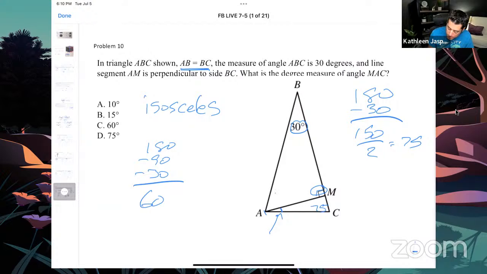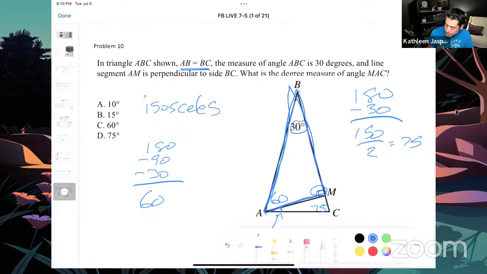So this angle right here is 60 degrees. So 30, 60, 90, this is all one triangle. Every triangle in here has to equal 180 degrees. 30, 60, 90 equals 180 degrees. That entire triangle is solved.